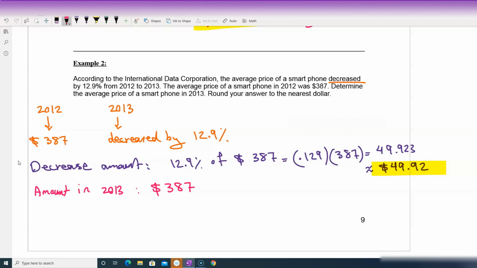So when you have a decrease, you have to subtract. Since I rounded, I'm using the approximately equal symbol. So that is approximately equal to $337.08. This is what we have for the price in 2013.